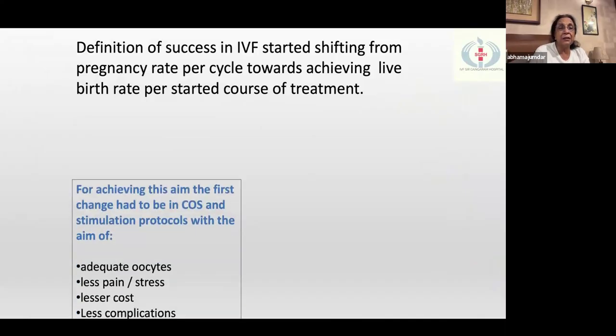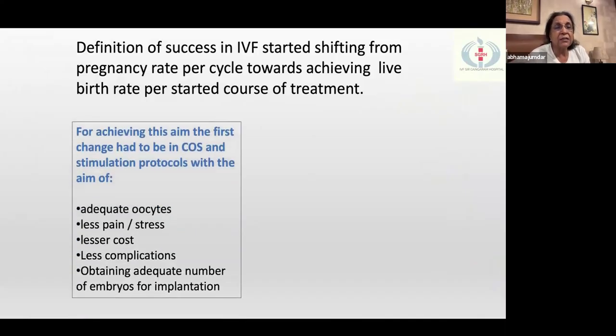And for this, the first change was at least to change controlled ovarian stimulation. Don't treat everybody similarly. Have different doses and different protocols for different groups of people.